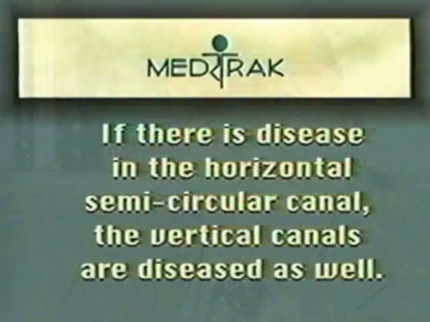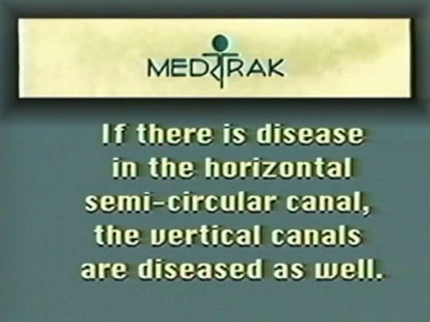This is the gold standard for evaluation of the horizontal canal because it is possible to isolate the canal from both the posterior and the superior semicircular canals. It is assumed that if there is disease in the horizontal semicircular canal, that the other two vertical canals are diseased as well.